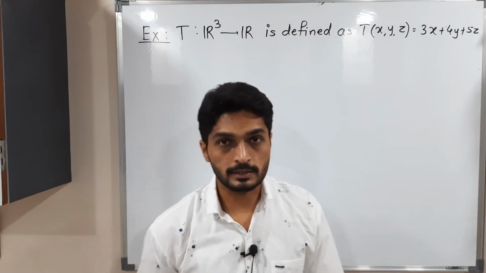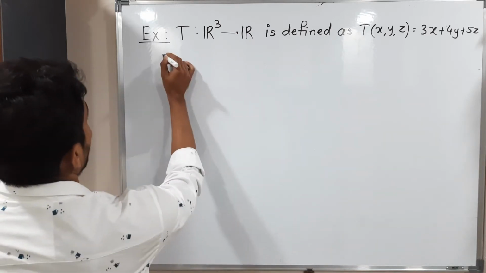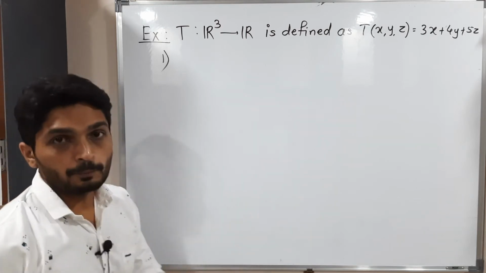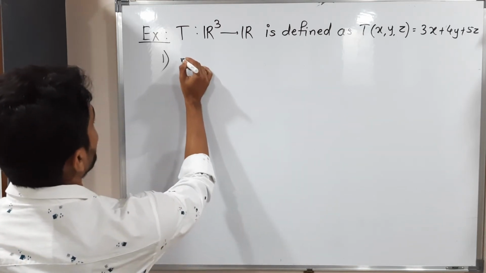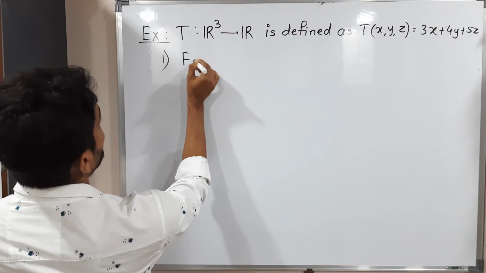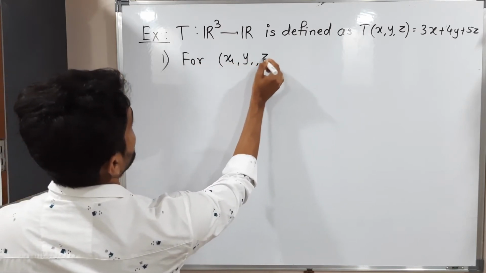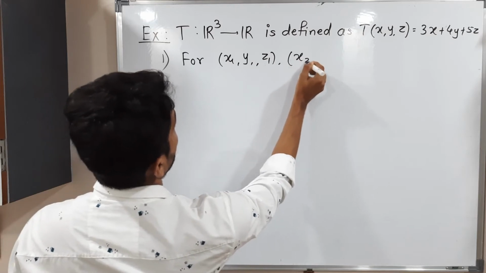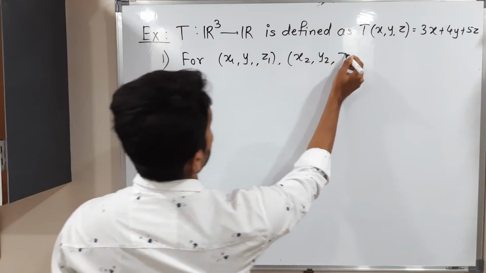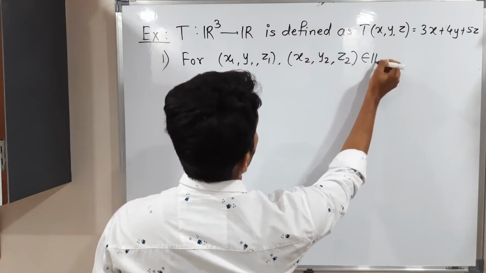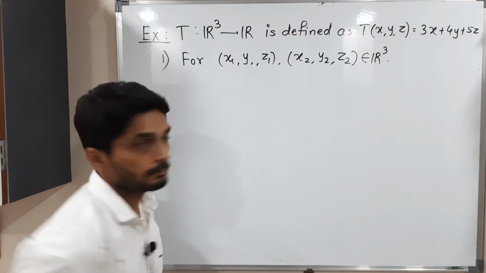So let us start with the first property. We will take two elements of R3, x1, y1, z1 and x2, y2, z2.